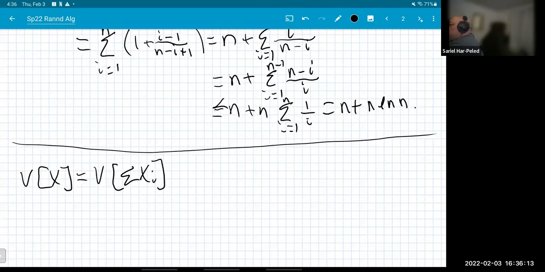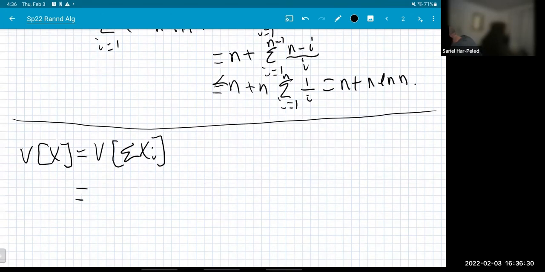It's like the number of rounds you have to play to get the i distinct coupon, and the number of rounds you need from there to get the i plus 1 coupon, those variables are independent. And the variance of a sum of independent variables is the sum of variances. So the sum of the xi's.